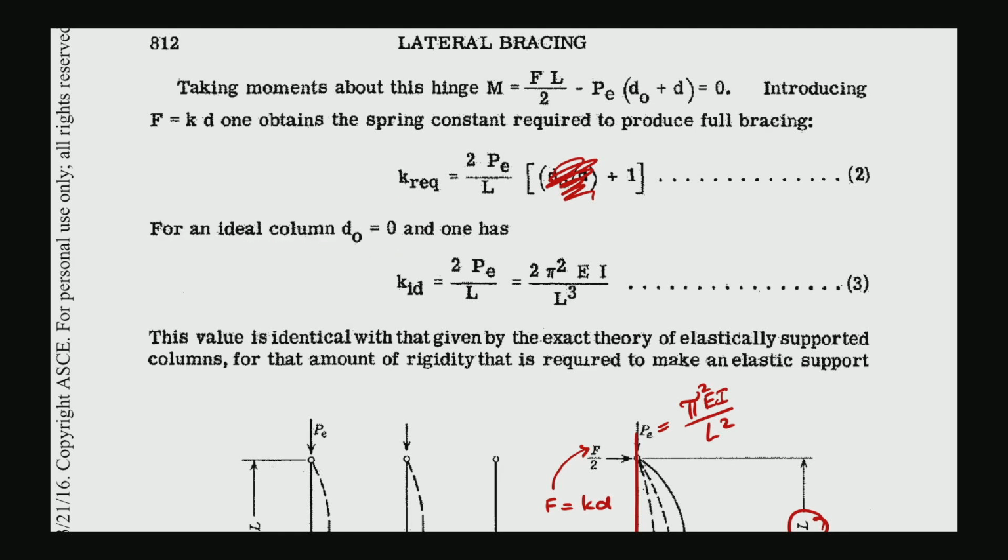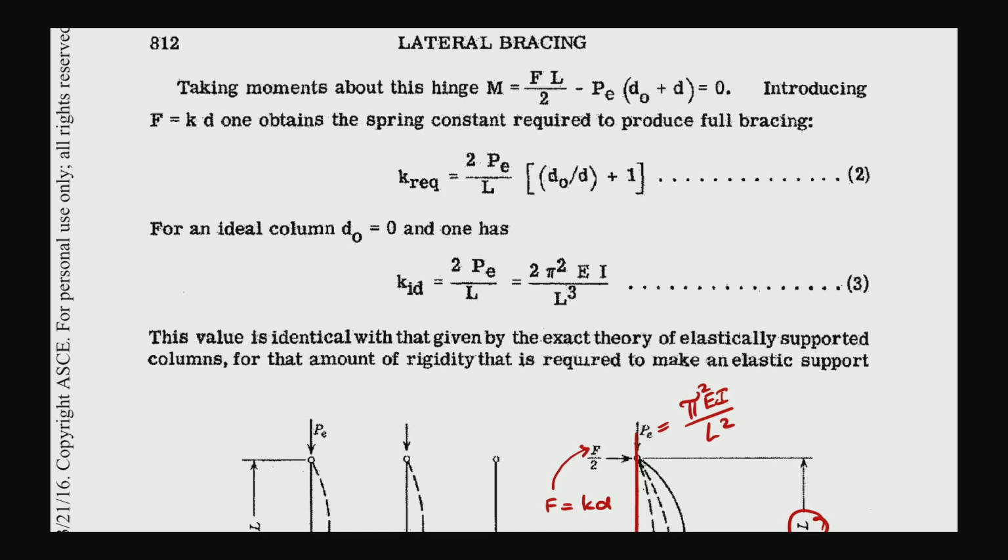And then the ideal stiffness for the lateral support that is required for the ideal column is equal to 2 times PE over L. 2 times PE over L, and that depends on the L, right?